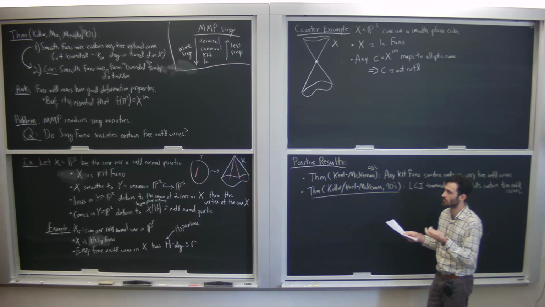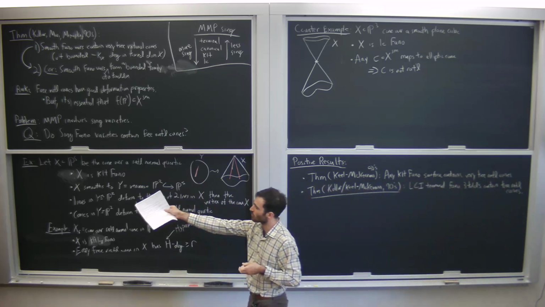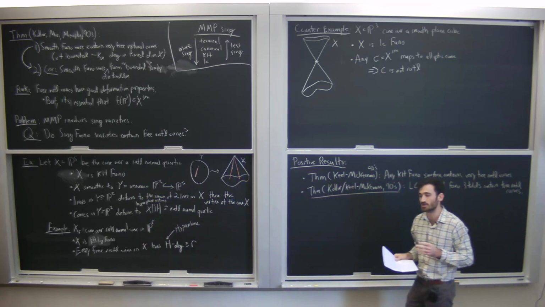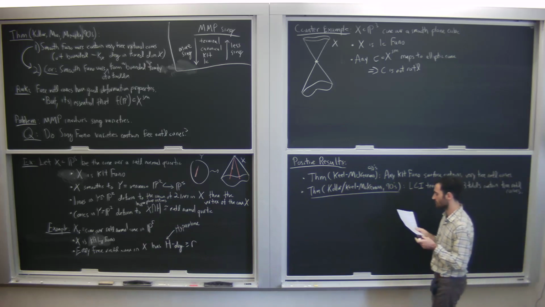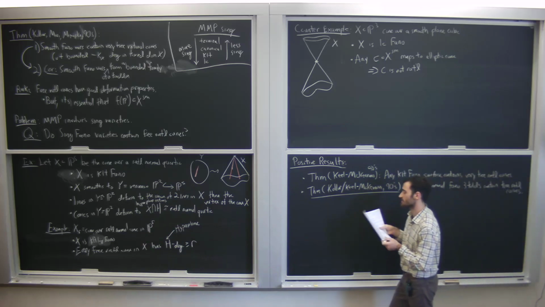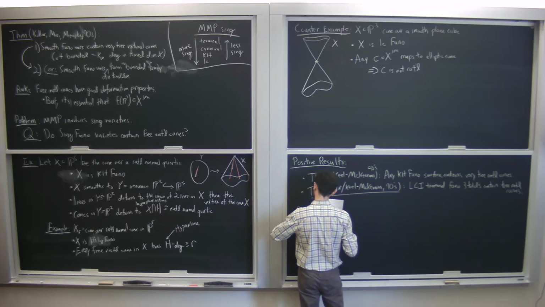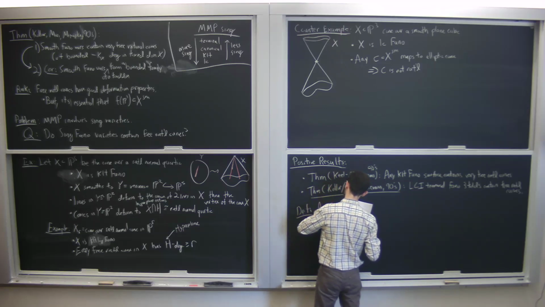What were the properties that I elided over here on this board, when I told you that this is what it means to be very free and they have great deformation properties? What were these properties about a free rational curve that made it so nice? And so I'll make the following definition. Definition: a non-constant map.